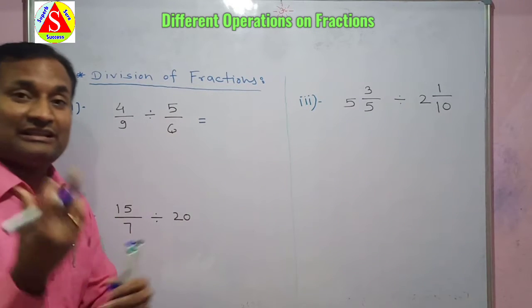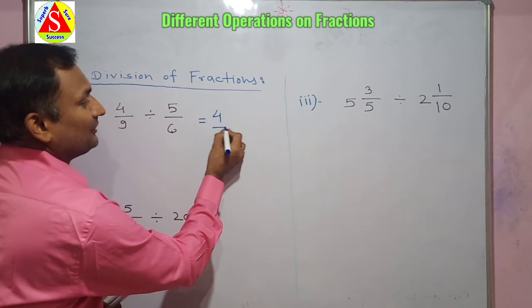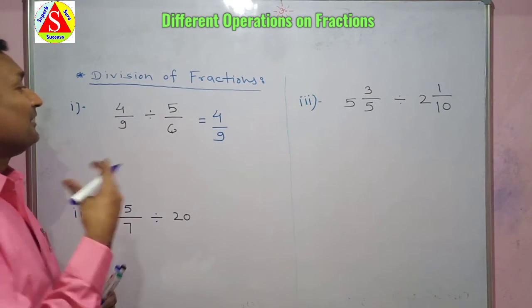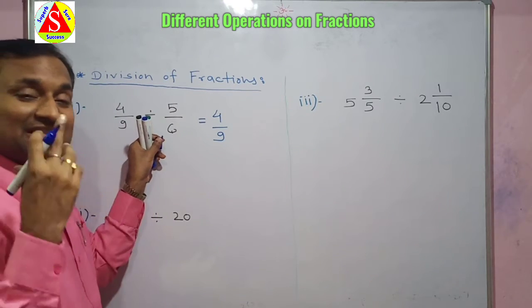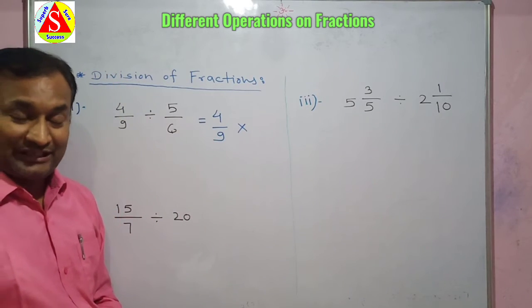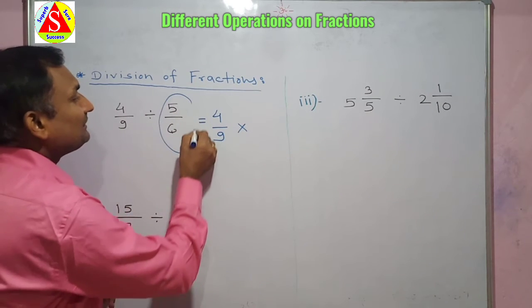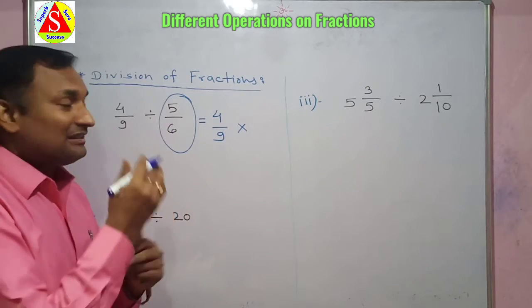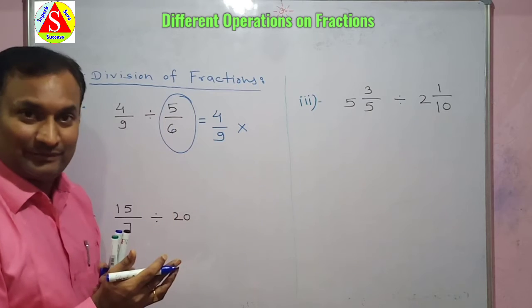So for the division of this, you write the first term as it is. So here we will write 4 by 9 as it is. Now in the next step, you convert this division sign into the multiplication sign. But for that you have to invert the second term. Inversion means you just change the position of numerator and denominator.